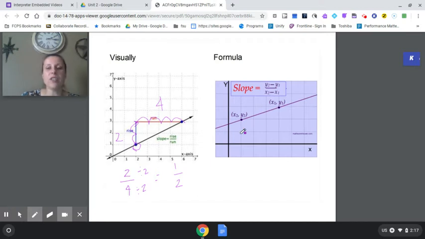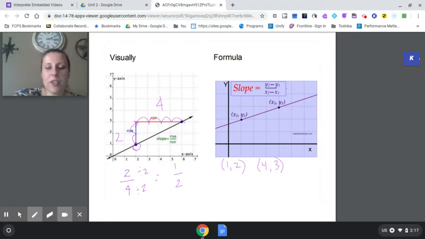So taking a look at this example, we're going to go ahead and locate our points. This first point is at (1, 2). And our second point is at (4, 3). So we're going to use the slope formula on this one.